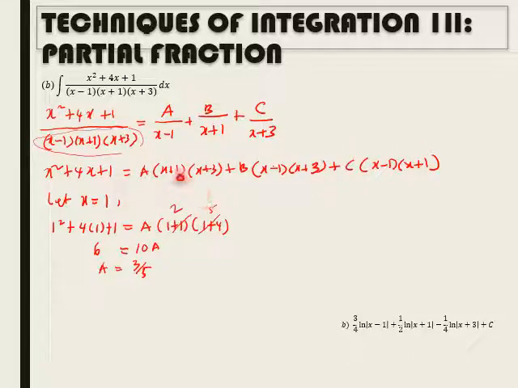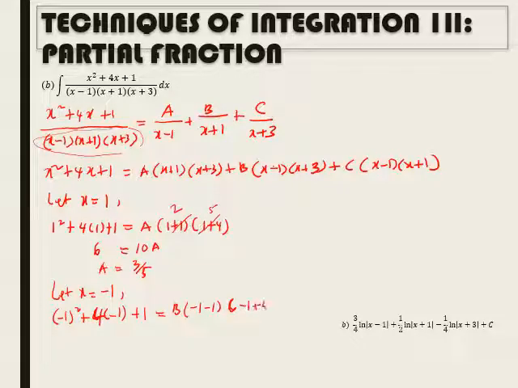Next, to get b, we must make it 0 here and 0 here. As we can see, both have x plus 1. So we can let x equal to what? Negative 1, right? So the whole thing we have negative 1 squared plus 4 times negative 1 plus 1 equals b times negative 1 minus 1 times negative 1 plus 3.